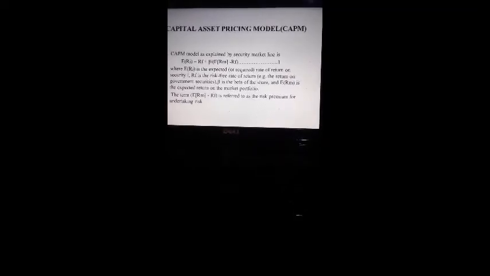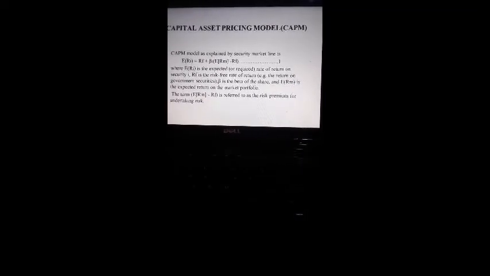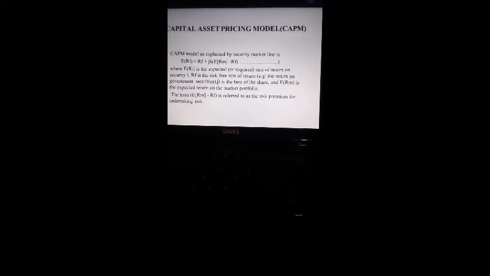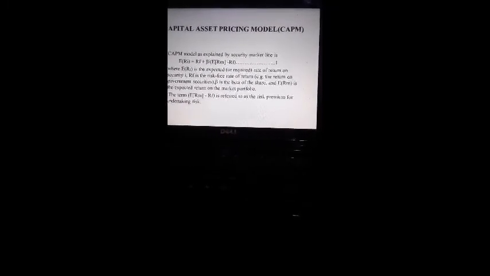In our equation we have ERi, which is the expected return on security i, or the required rate of return on security i. We have Rf, which is the risk-free rate of return, the return on government securities, which carry the assurance of being repaid by the government.